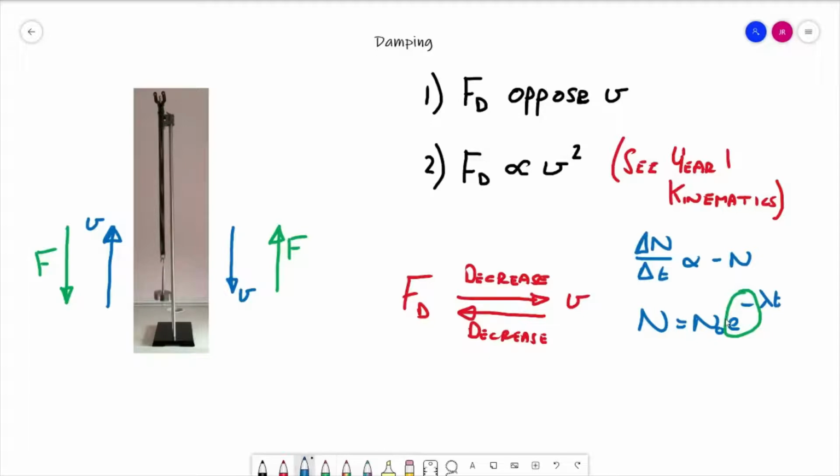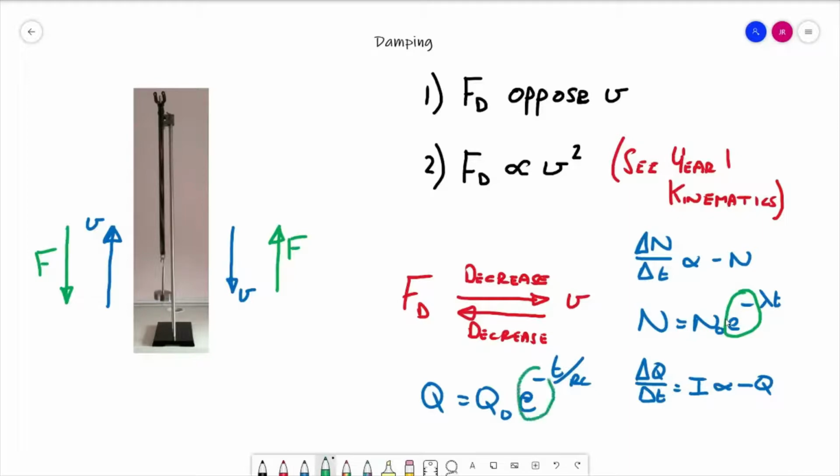We also see the same in capacitors, where you might look at the charge left on the capacitor, and that delta Q by delta T, which is of course the current, is proportional to the charge that is remaining on the capacitor, and that's decreasing as well, and from that we end up with the equation Q is equal to Q naught e to the minus t over RC. But the point is, once again, we end up with some form of exponential decrease in something.